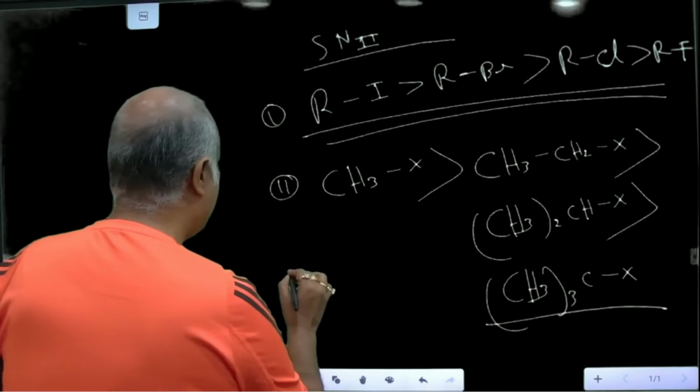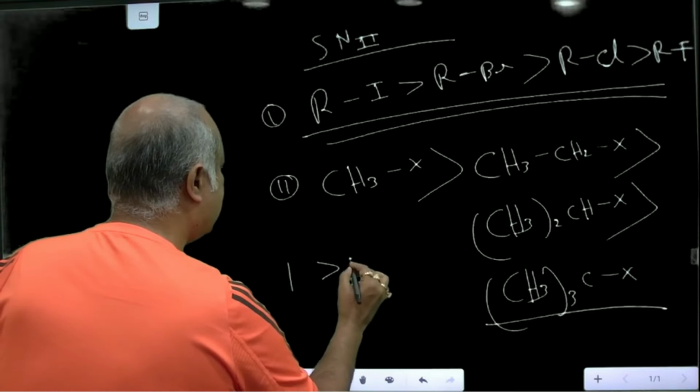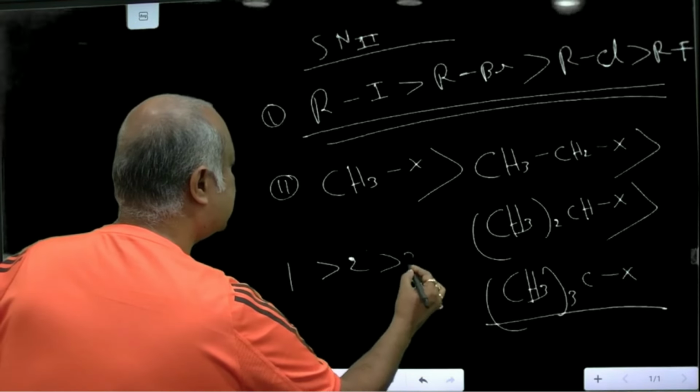That means 1 degree is greater than 2 degree, greater than 3 degree.